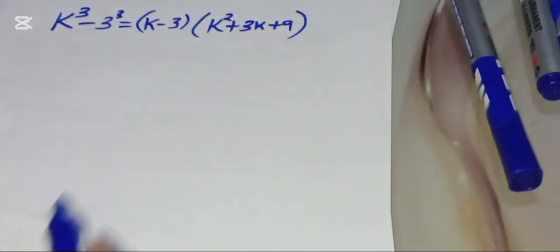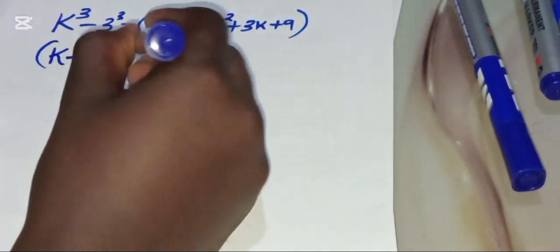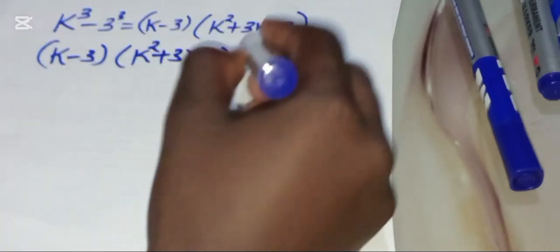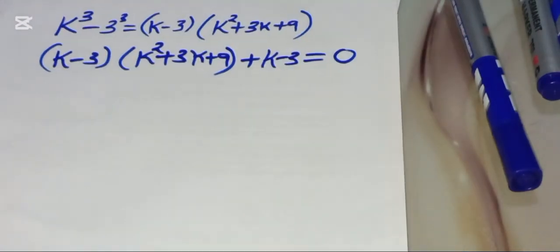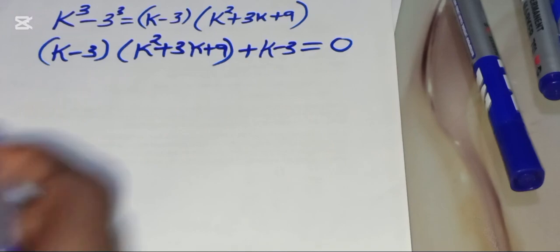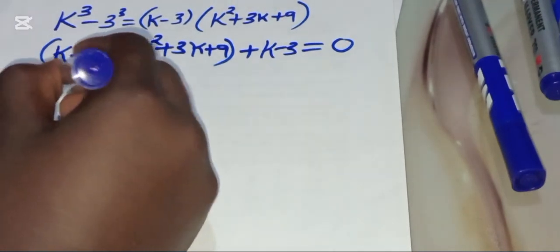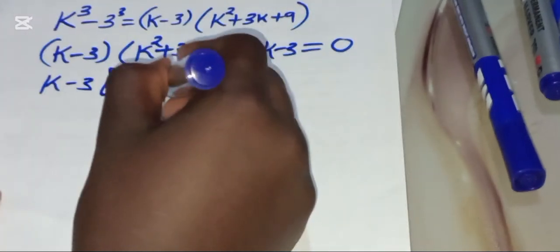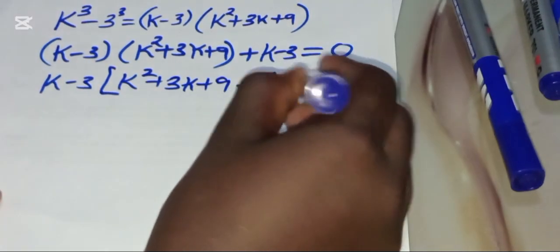We have k minus 3 times k squared plus 3k plus 9, plus k minus 3, equal to 0. Now k minus 3 is common, so we'll have k subtract 3 times k squared plus 3k plus 9 plus 1, equal to 0.